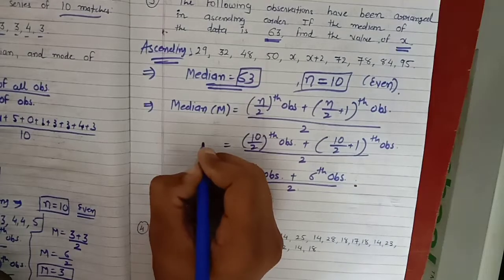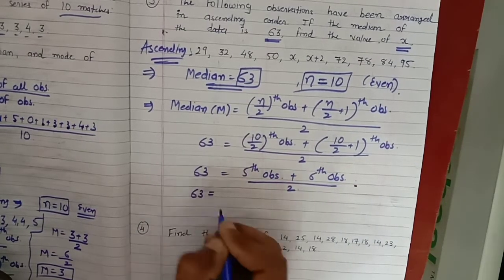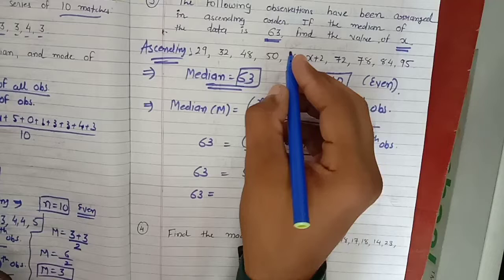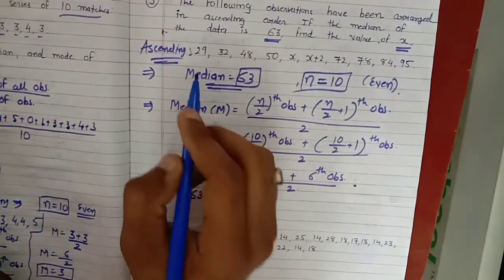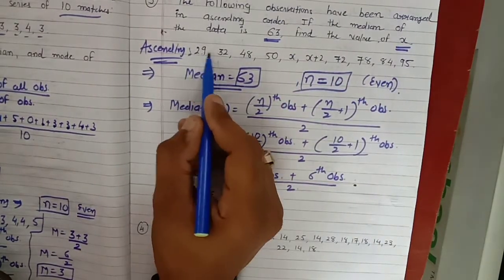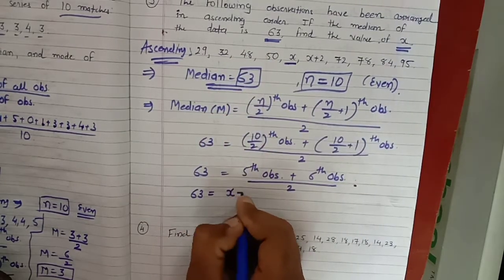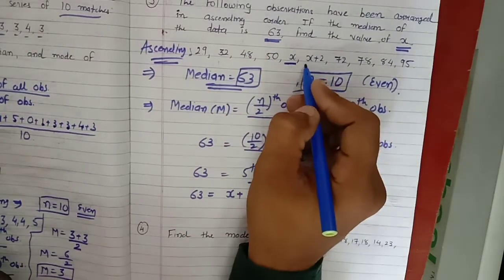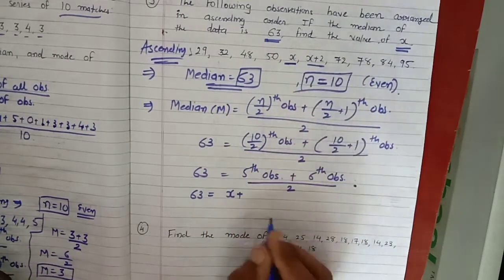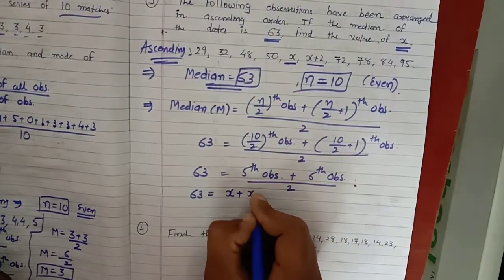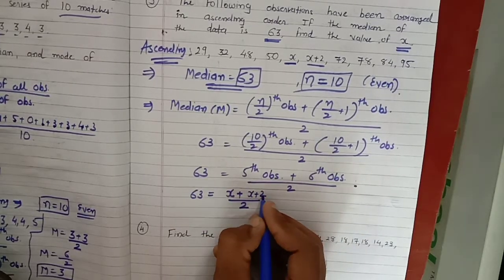Median is given, 63. 63 is equal to 5th observation plus 6th observation divided by 2. Check what your 5th observation is. 1, 2, 3, 4. 5th is your x. What is your 6th observation? 1, 2, 3, 4, 5, 6. 6th observation is x plus 2. X plus 2 divided by 2. 2x plus 2.